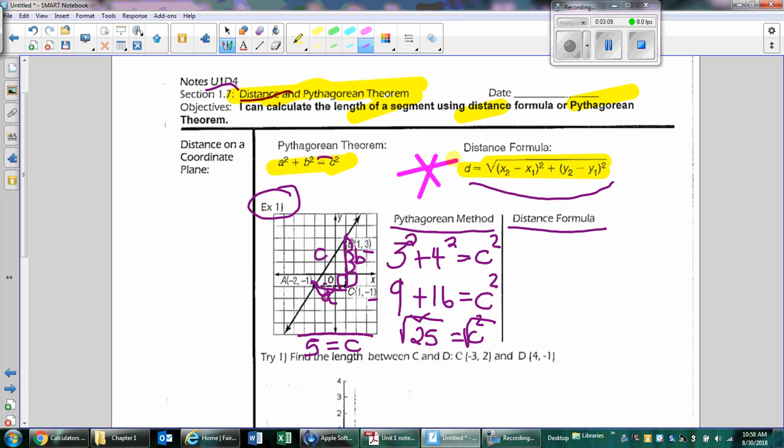Okay, so this is using the Pythagorean theorem. If I wanted to do distance, you see how they give you the coordinate of A is -2, -1, and this is the distance I'm trying to find, right? The distance from A to B. So they gave me A is -2, -1, B is 1 and 3.